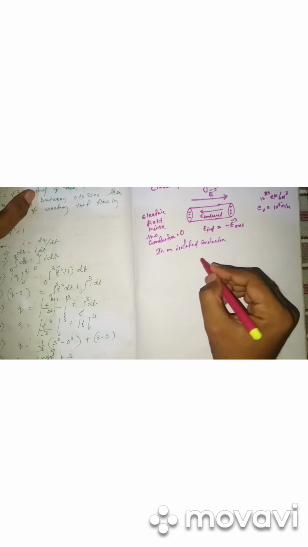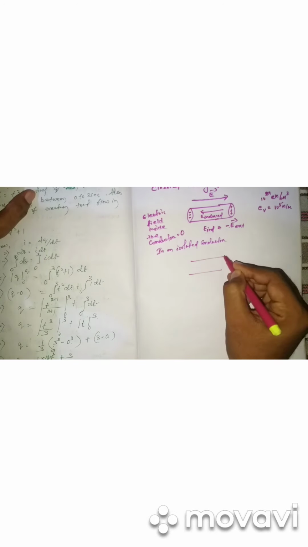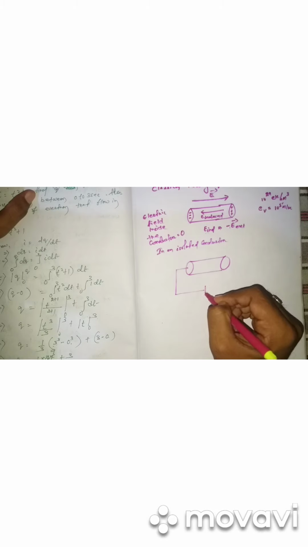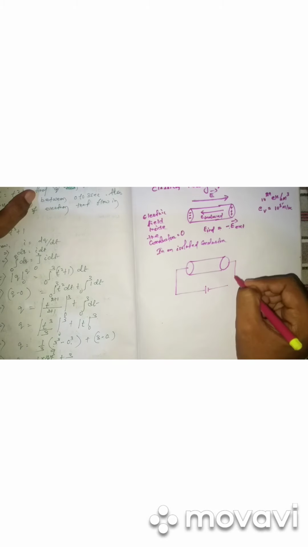Clear? Now, if that conductor is connected to a battery through a wire, then what will happen?